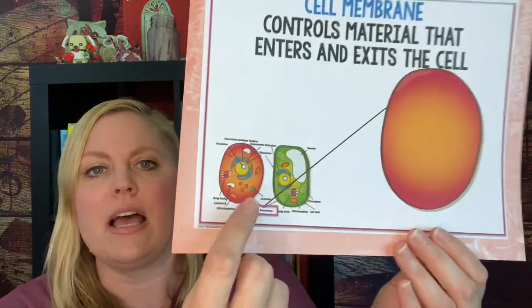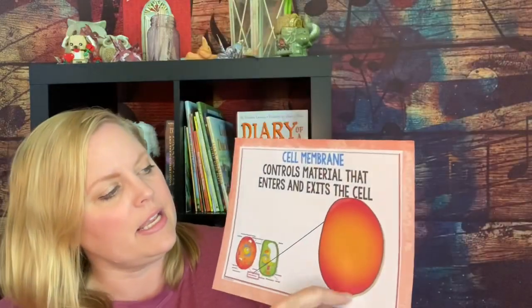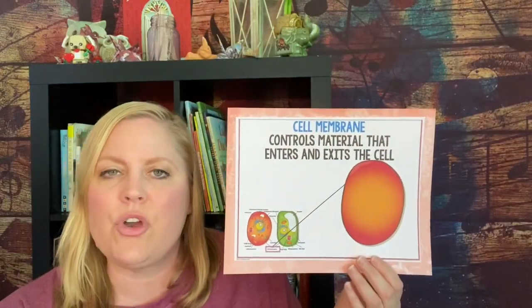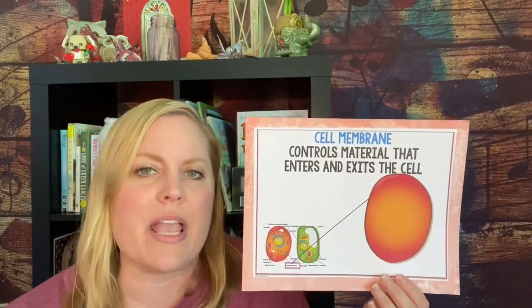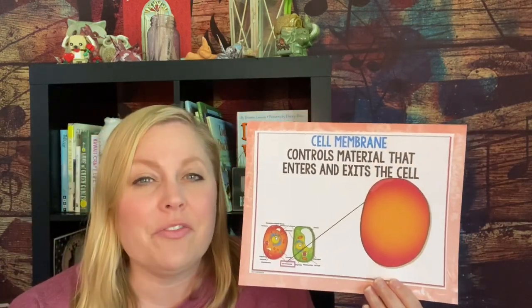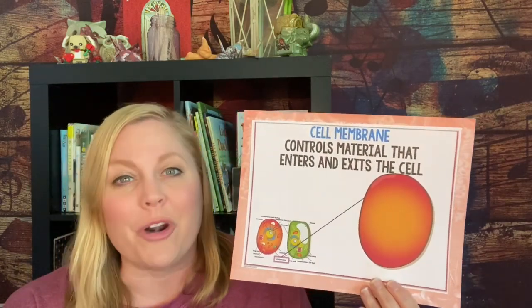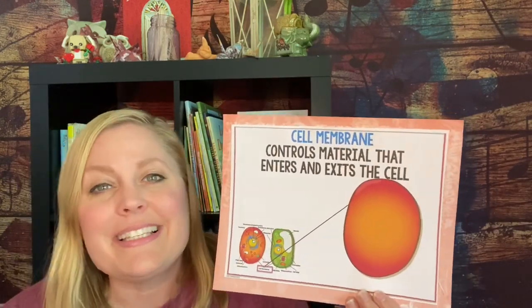And you can see that right here close up in the animal cell. It surrounds the cell. And remember we talked about how the animal cell is like a blob. So we're going to start first with making our cell membrane for our city. This is the cell membrane.